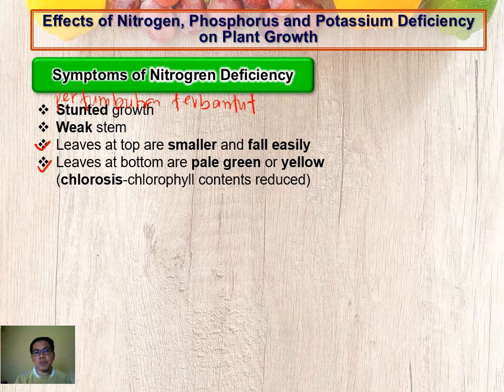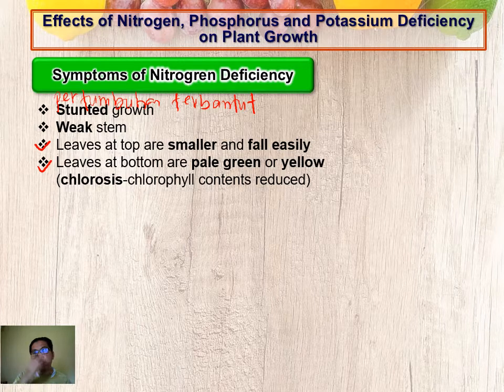Okay, and then the simplest way to determine, cara yang paling mudah untuk kita melihat deficiency of macronutrients in a particular plant, we have to monitor the color of the leaf. Kita perlu melihat warna daun itu sendiri.